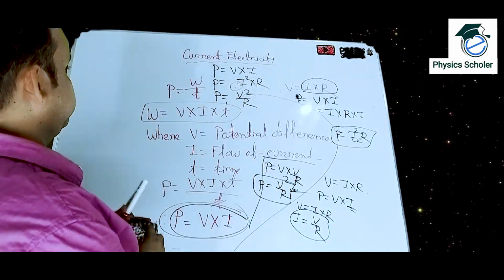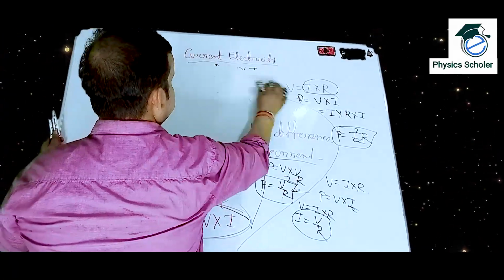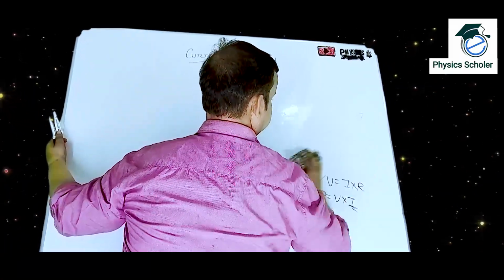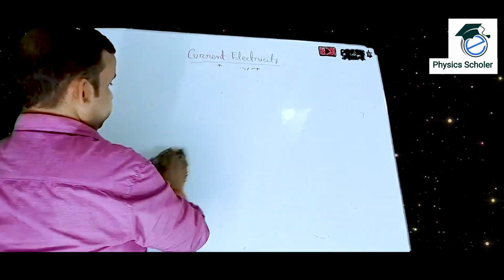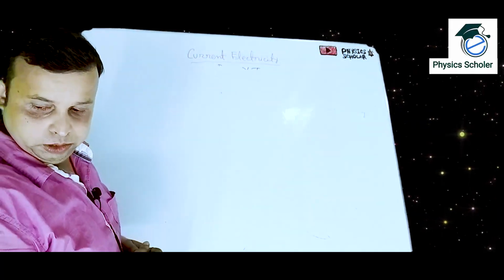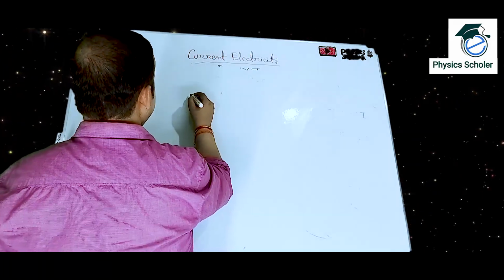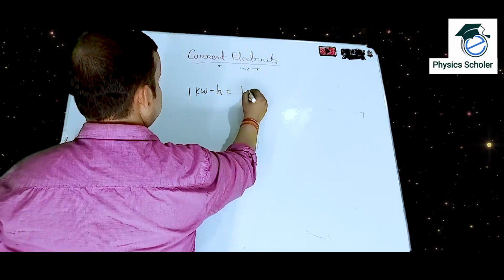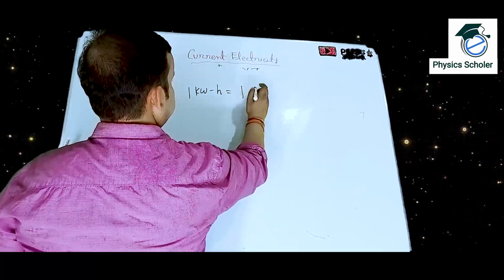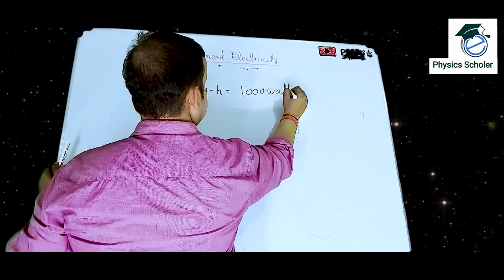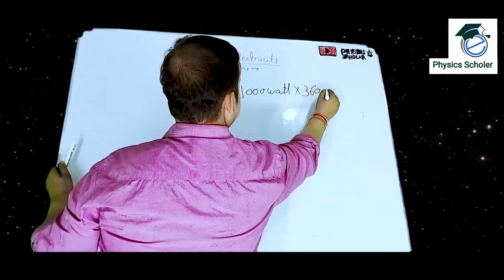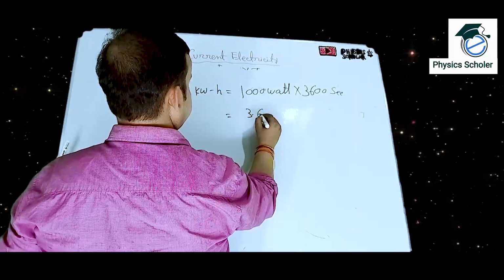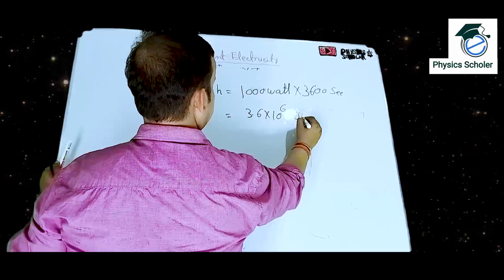Now there is a relationship between the kilowatt hour and joule. So 1 kilowatt hour is equal to 1000 watt into 3600 seconds, so 3.6 into 10 to the power 6 joule.